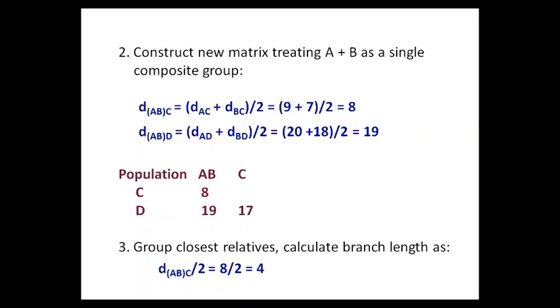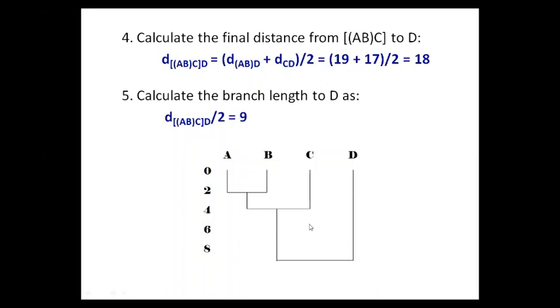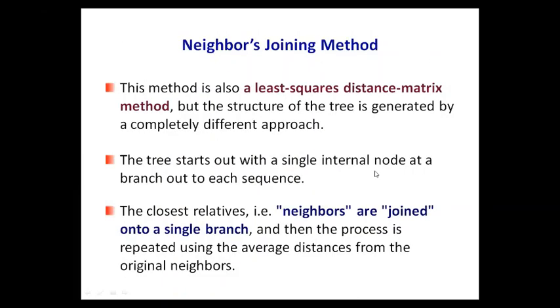We will proceed on, and every time we will be drawing the diagram by taking the average distance. So this is the way the UPGMA method is used for drawing a phylogenetic tree. From this, we can easily say that A and B are more closely related than C and D, and C is more closely related to A and B than D.